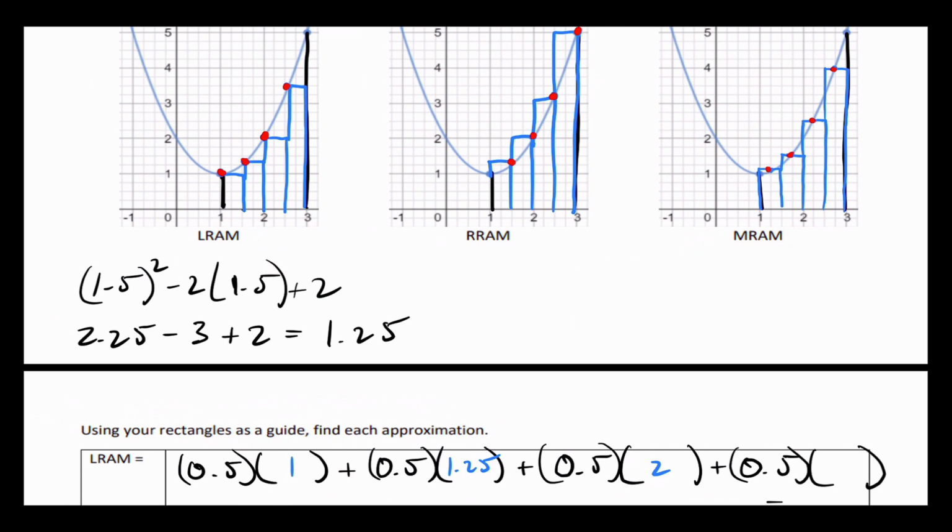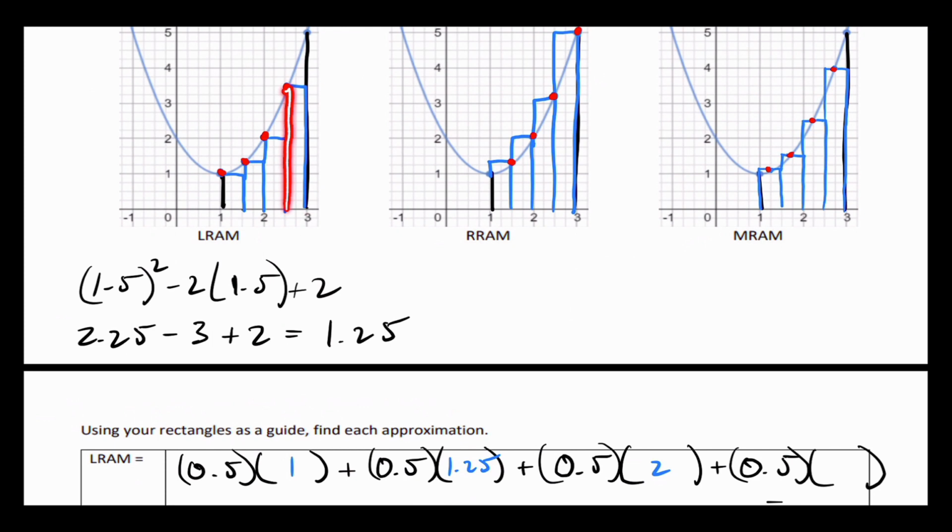Same thing here for this rectangle. It looks like 3.5 height, but I want to be sure. So I'm going to plug in the x value, which determines the height. That's 2.5.